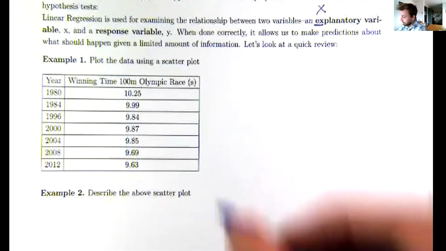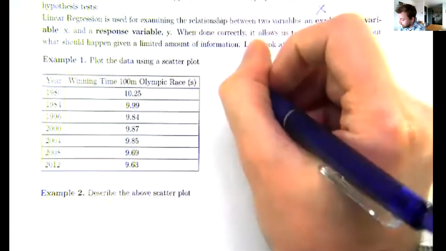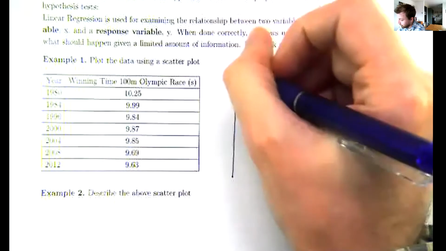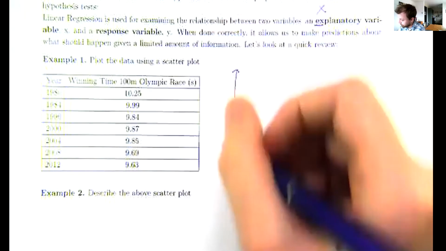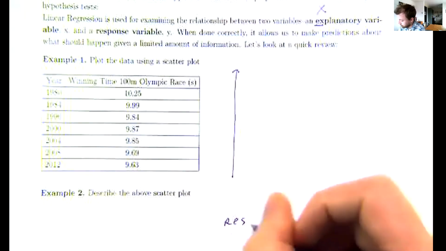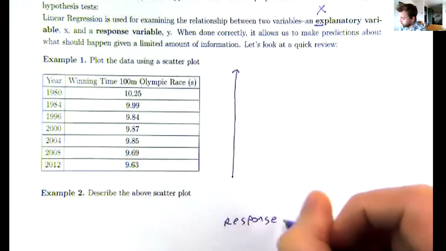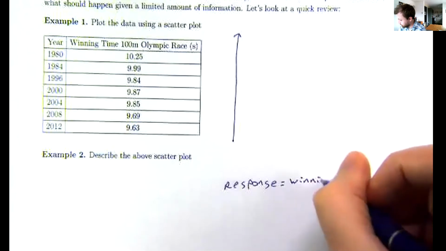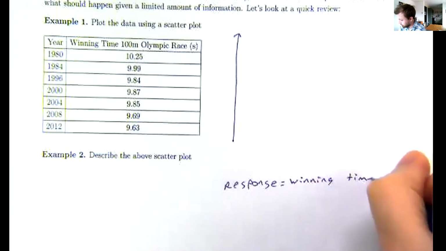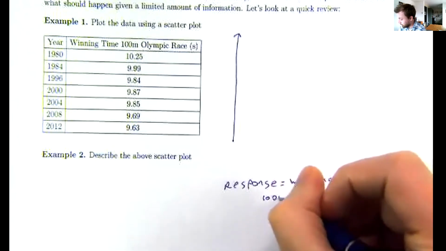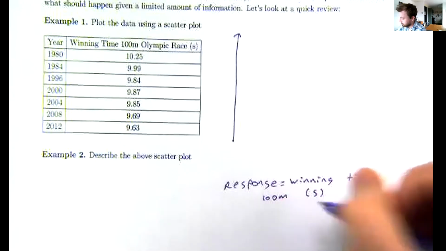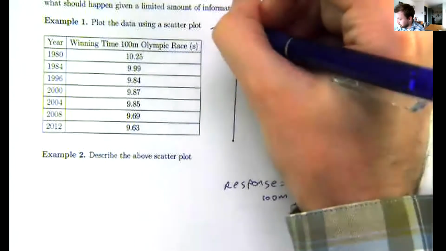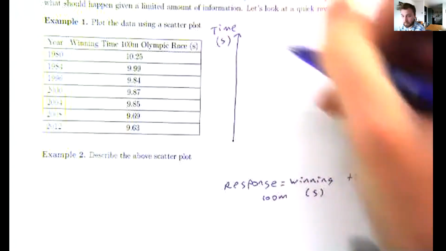So if I wanted to graph this thing, I would have a y-axis or a response variable of the winning time for the 100-meter, and this is in seconds. So this is time in seconds.